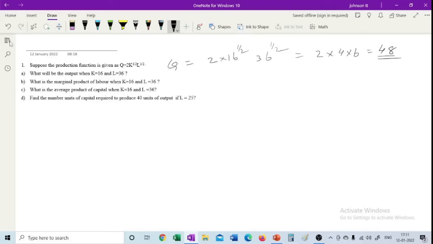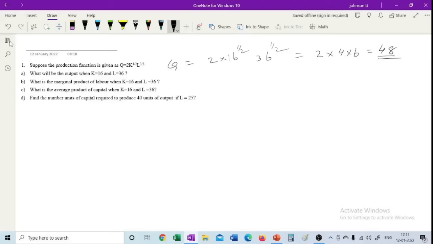If you want to find the marginal product of labor, then first you have to find the average product of labor. So what is the average product of labor? So here the total product is given. When K is equal to 16 and L is equal to 36, we have already estimated the total product, and the total product is 48.